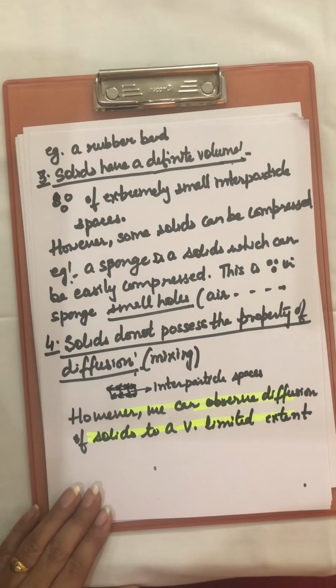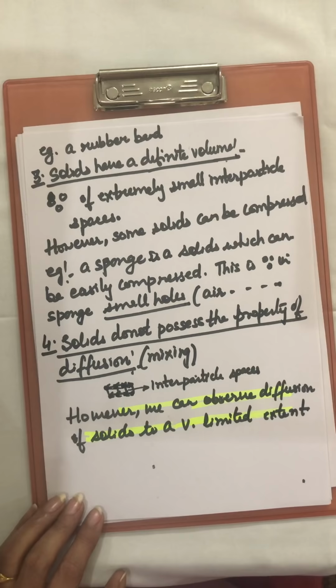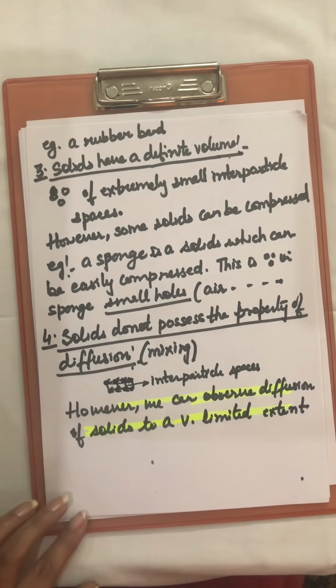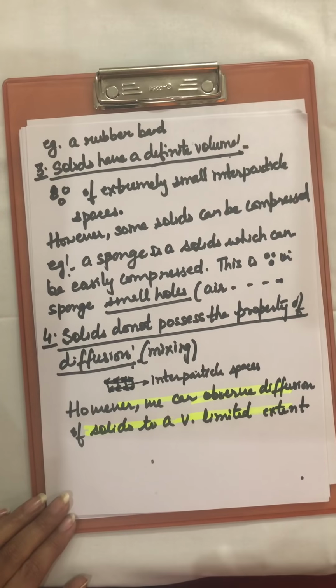The example is, if we write something on a board with a chalk and leave it as such for 10 to 15 days, it becomes difficult to clean the blackboard. Why is it difficult to clean the blackboard? It's because the chalk particles slowly move inside the blackboard.